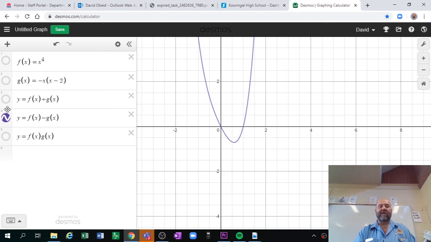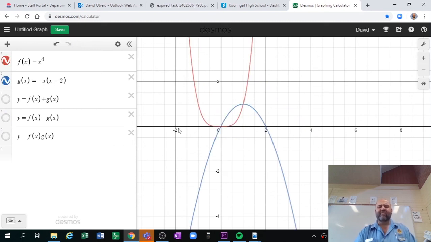Okay, what about the product of the curves? Well, when we're looking at products of curves, we're basically looking at, are we getting positives and positives, or negatives, and multiplying them, and then what happens? Look here, to the left of 0, when x is less than 0, I've got a positive multiplied by a negative. It's going to give me a negative.